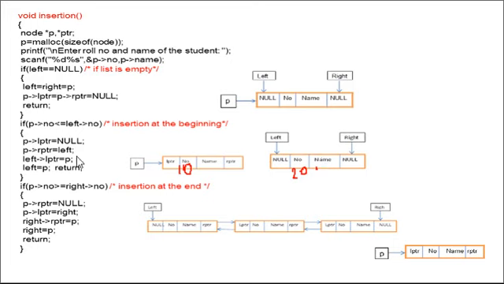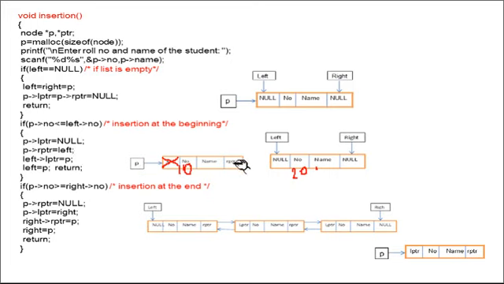So now we will see the pointer adjustments. P of LPTR equals to null, because after insertion this will be the first node. That means P of LPTR equals to null and P of RPTR equals to left.